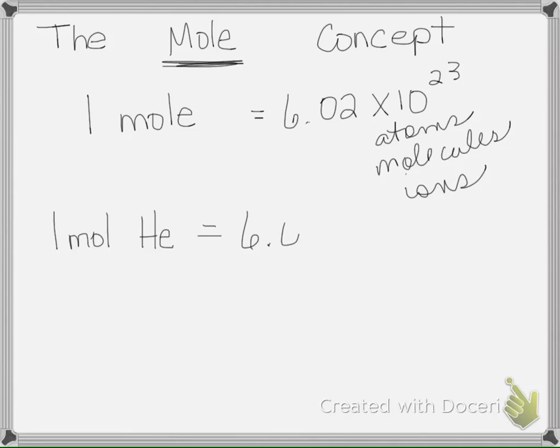That would be 6.02 times 10 to the 23rd helium atoms. That's quite a few helium atoms, right? Because 6.02 times 10 to the 23rd means take that decimal and move it 23 places to the right. That's a big number, a mole is.